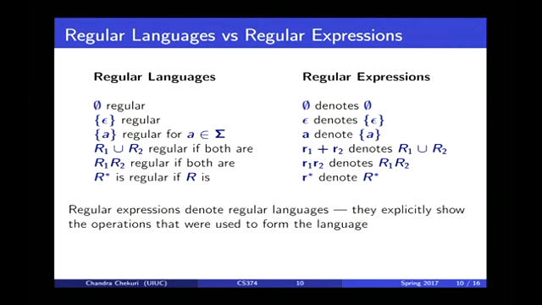We set up a correspondence: A for the language containing A, epsilon for the language containing just the empty string, and empty set for the empty set. If R1 and R2 represent regular languages, R1 plus R2 represents the union. It is just syntactic notation.